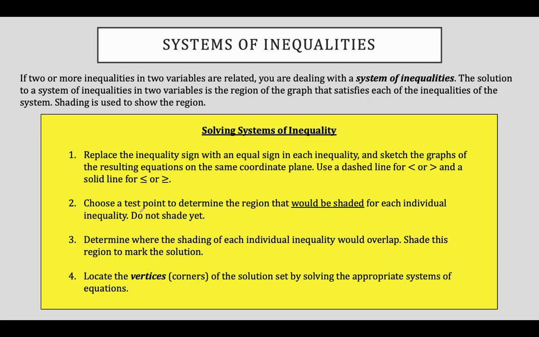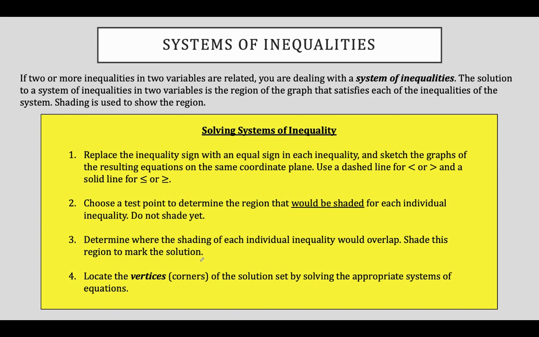Next, choose a test point to determine the region that would be shaded for each individual inequality. Do not shade yet. I like to use little arrows along each curve to tell myself what direction I want to shade.